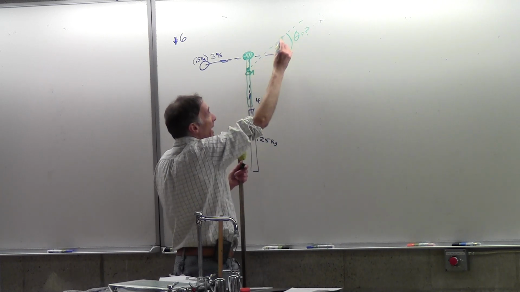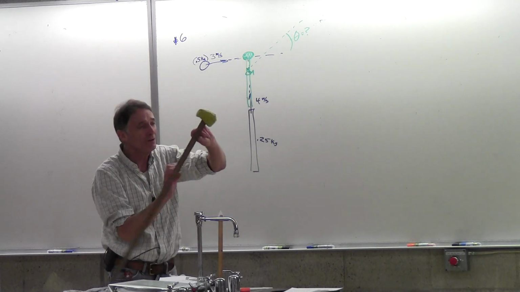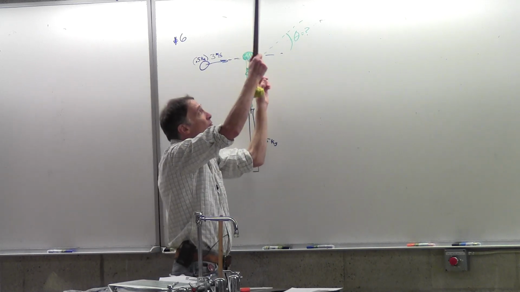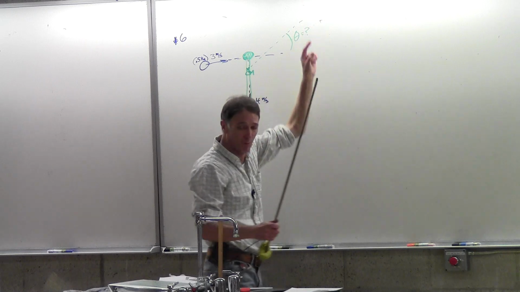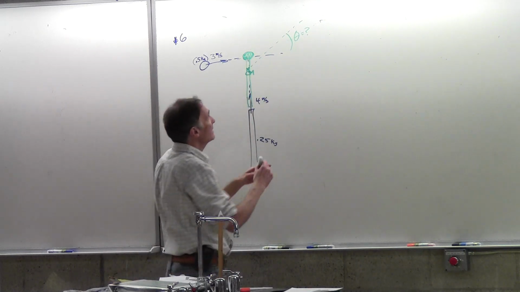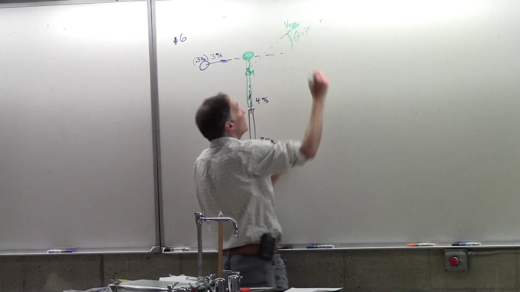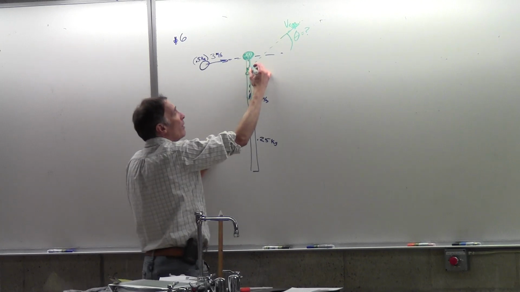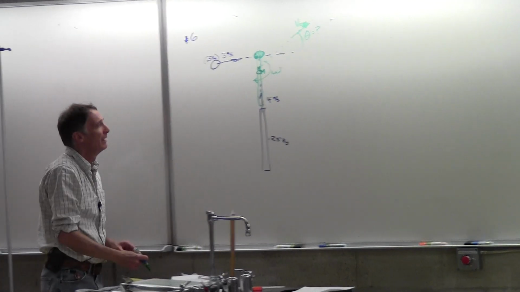Think back to that hammer I was about to throw. It wants to rotate around its center of mass, but also it will translate. Its center of mass would move in a straight line off this way with the velocity of the center of mass, and it's also going to rotate around the center of mass, so that's going to be its omega.